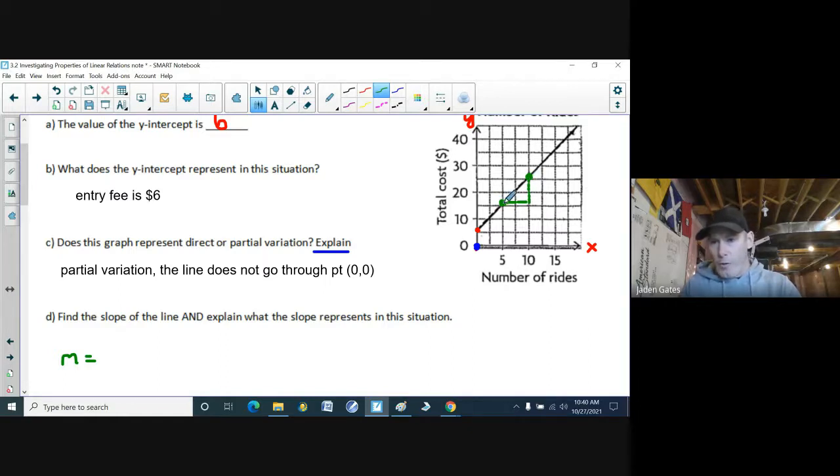Now, when I go over, I've gone 2 spaces, but that's not how much those spaces actually mean. I'm going from 5 rides to 10 rides. So in fact, my run is 5 rides. Now, when I go up, I'm at a height that's just over.